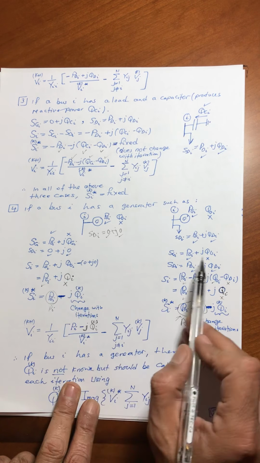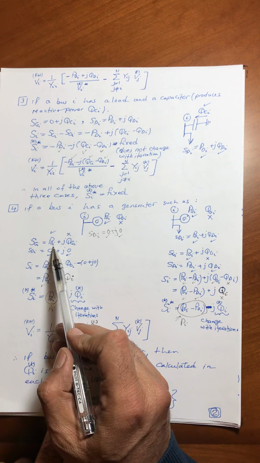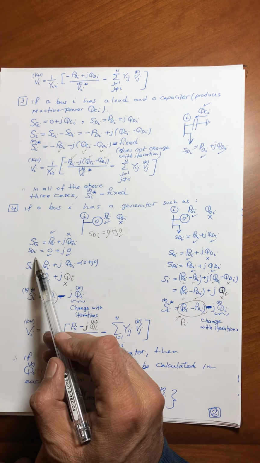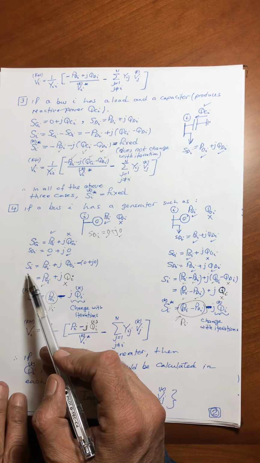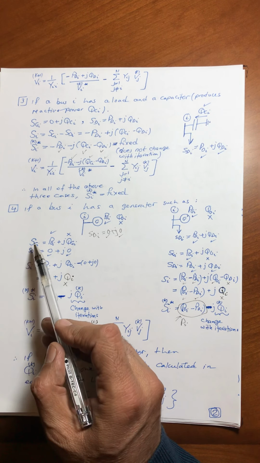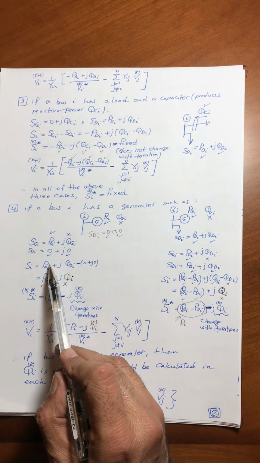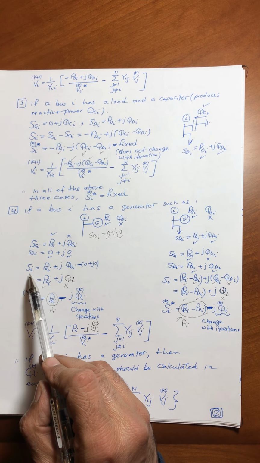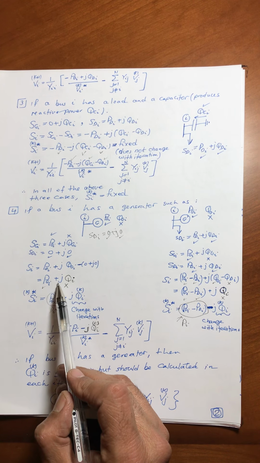For the first case, SGI equals PGI plus jQGI, and S demand I, as we mentioned, is 0 plus j0. So the net injected complex power at bus I is SGI minus S demand I. So this is the net complex injected power at bus I, PI plus jQI.